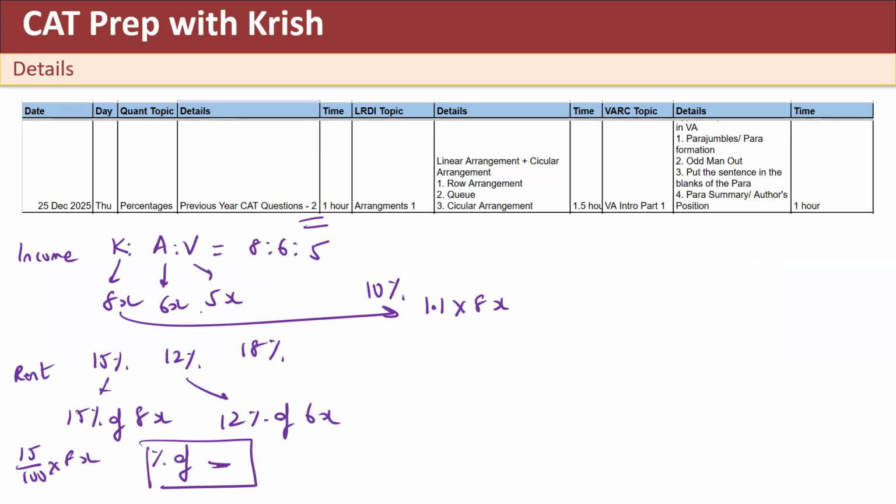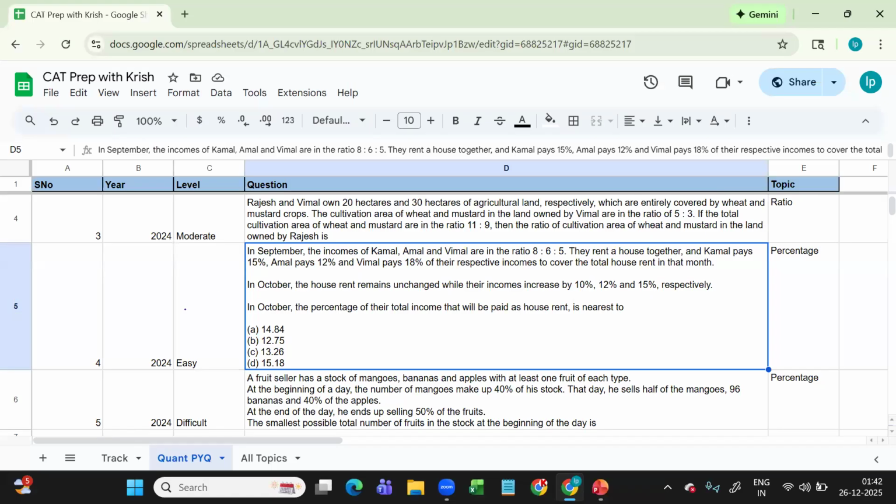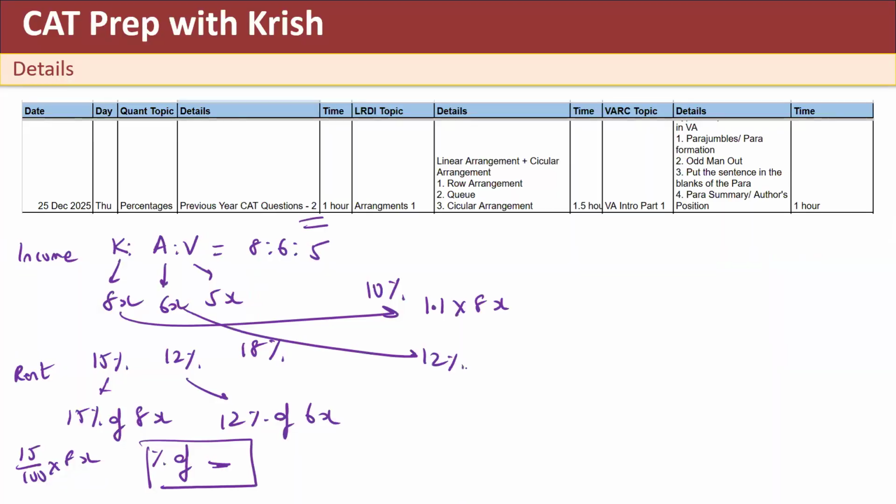Or when the question says 12% increase of 6x, it basically means 1.12 times 6x. So whenever a percentage increase happens, how you calculate the value is what we should know. There are two parts to this. First, we should know how to find the percentage of a certain value. And second, whenever there is an increase in the value, how to find the percentage increase. Those are the two concepts involved in solving this question.